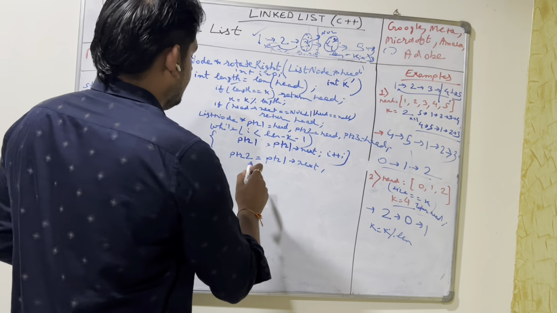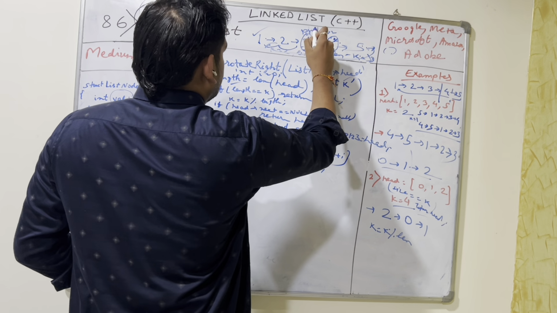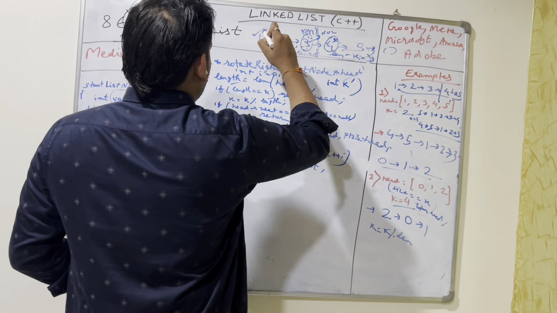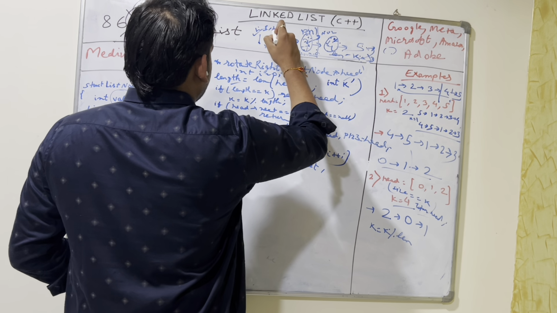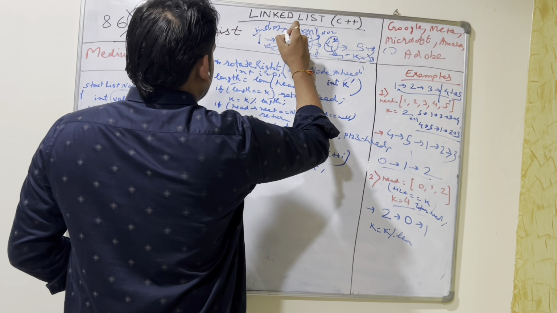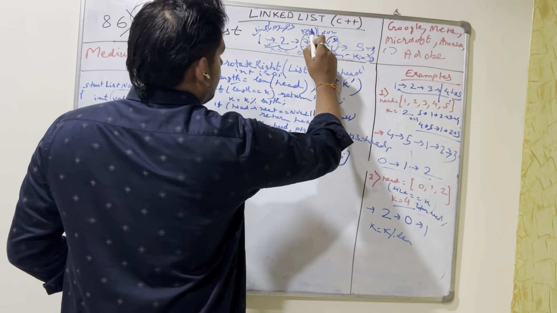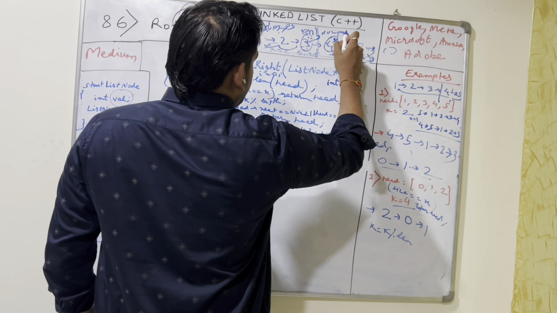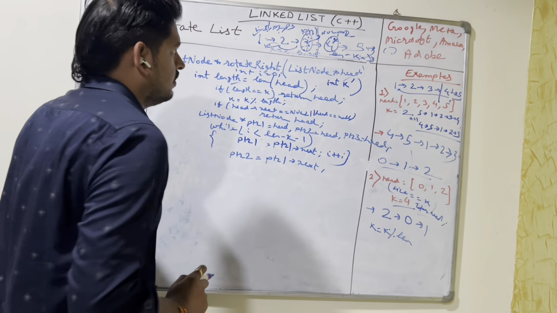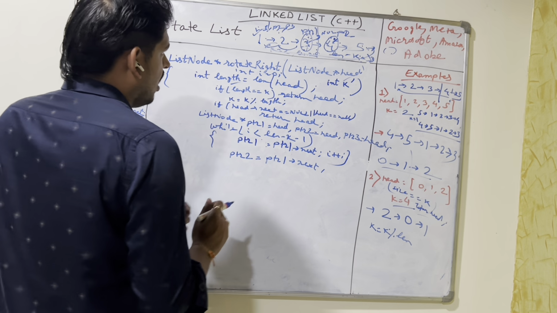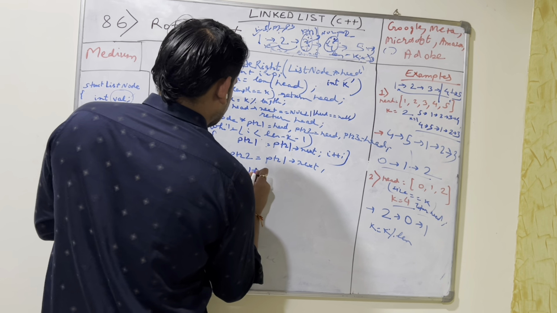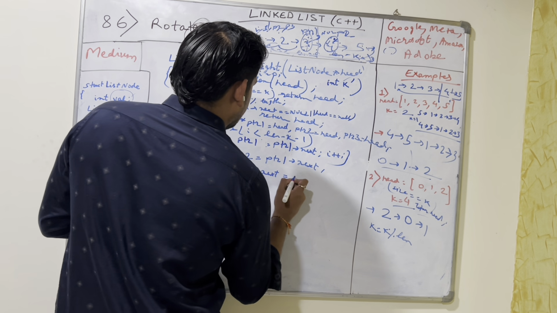So now ptr1 is pointing to 3, it has done 3. Now ptr2, instead of pointing to head, ptr1, ptr2 and ptr3 we are pointing to this. ptr1 we went here, and ptr2 we will make ptr1 next. So ptr2 is actually at 4, right? Now what we do, we will make ptr1 next is equal to null.